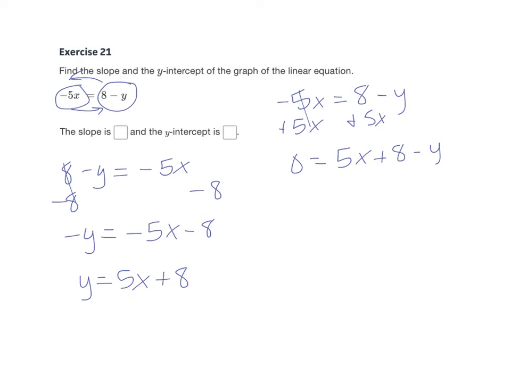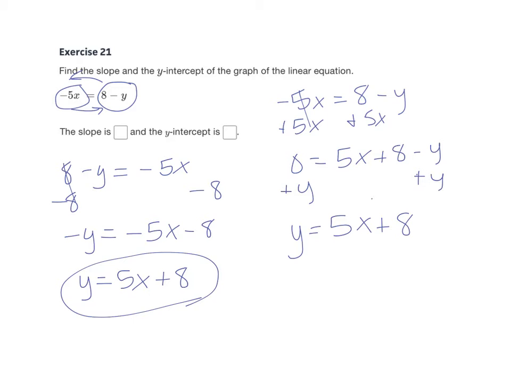And now I want to try and get rid of this -y, so I'm going to do the inverse. I'm going to add y to both sides. And that gives me y equals 5x plus 8. So either way, we will arrive at the same answer. And now when we find our slope is the coefficient of x. That is 5, or 5 over 1. And the y-intercept is positive 8.